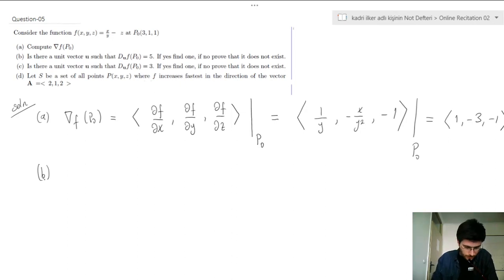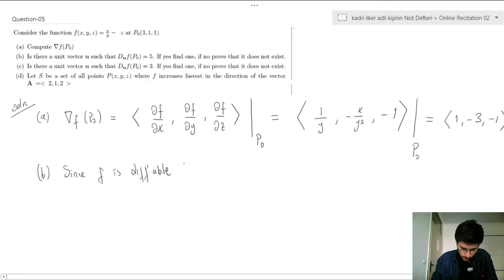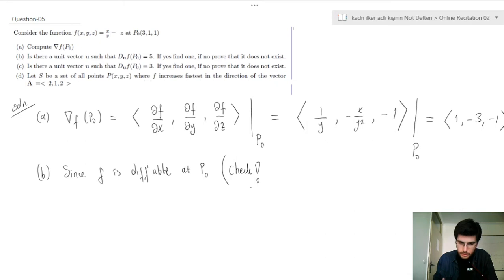Since f is differentiable at p0, you should check partial derivatives and also continuity of those things.